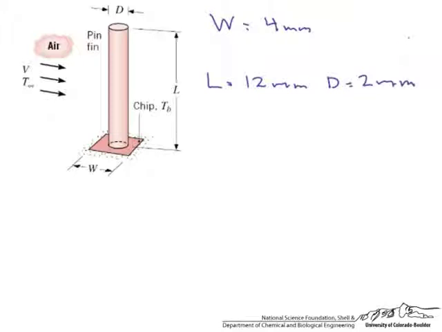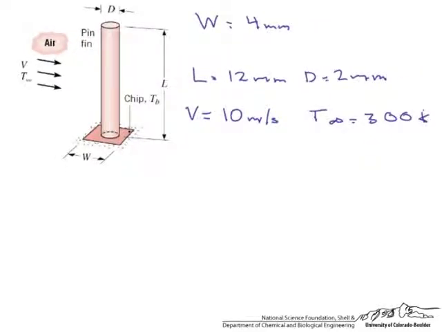We have atmospheric air. The velocity is 10 meters per second. T infinity is 300 K, and it is in cross flow over the pin.